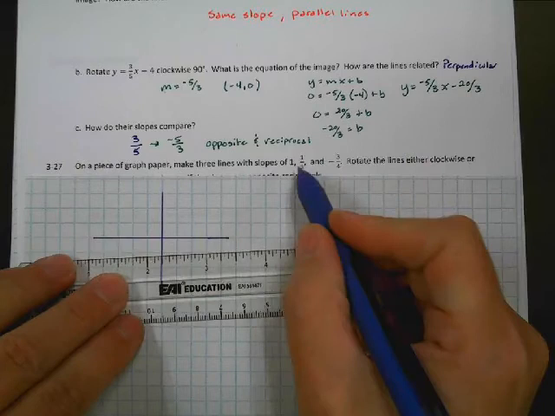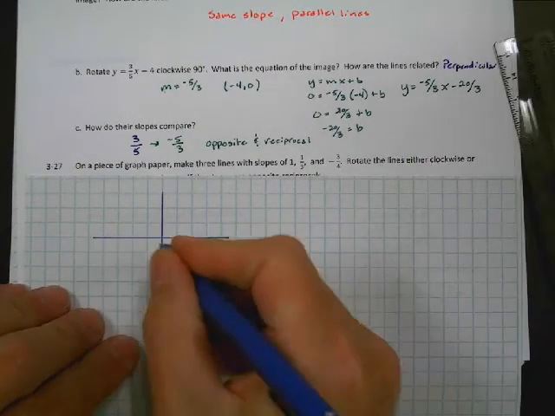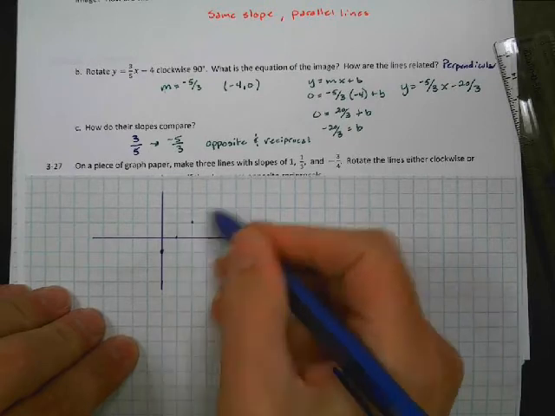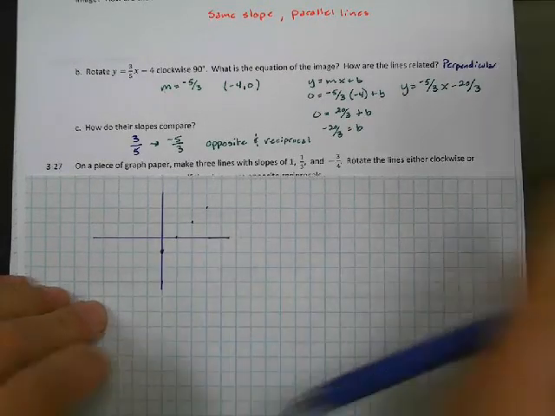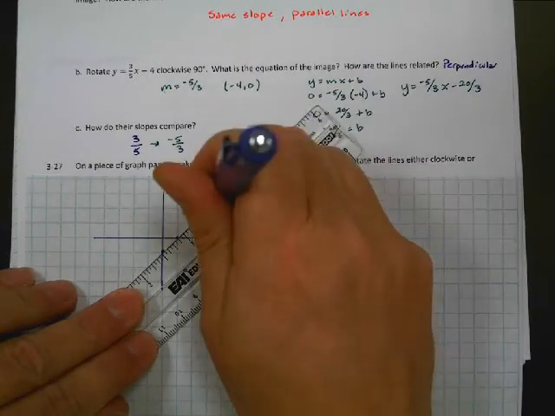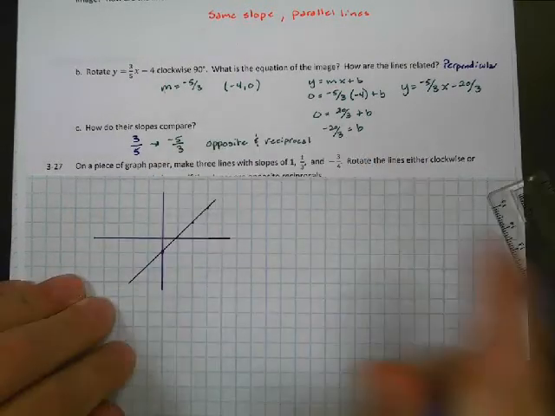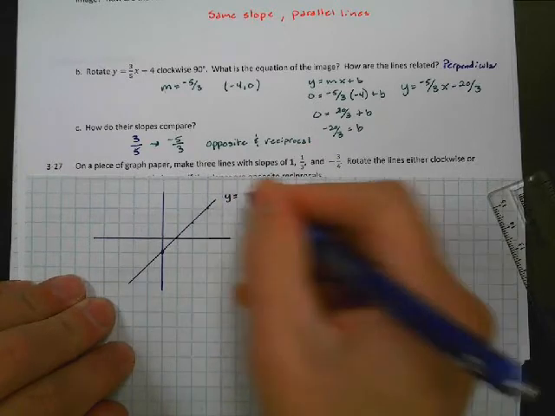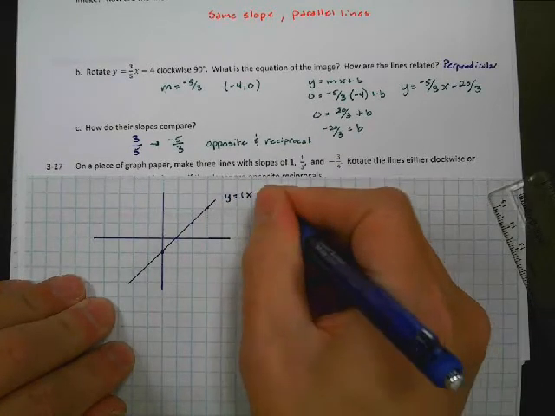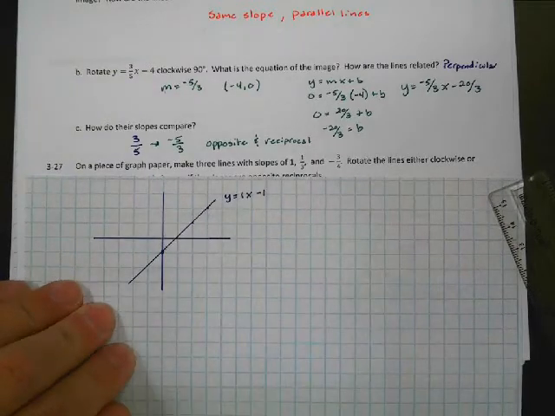All right, let's take a line with a slope of 1. So I'll start here and go up 1 over 1, up 1 over 1, up 1 over 1. There we go. So there is a line with a slope of 1. We made the line y equals 1x, or just x, minus 1, because our y-intercept was -1.